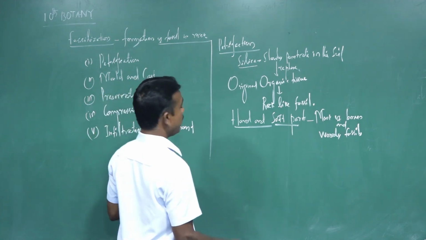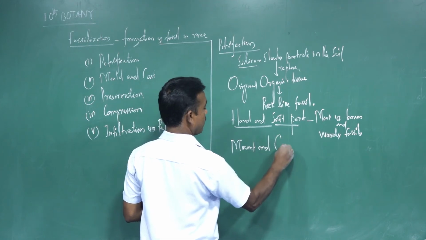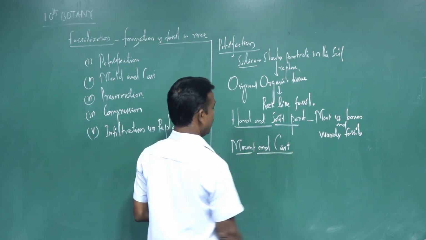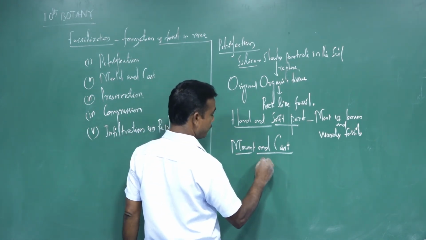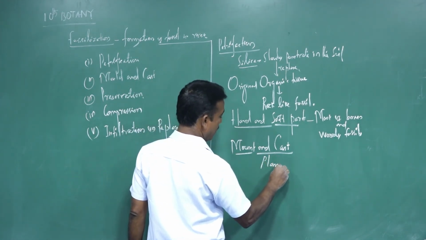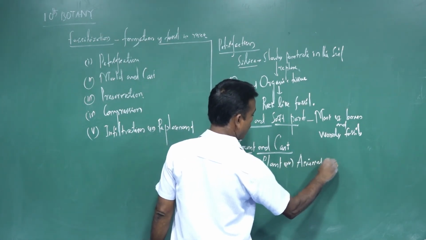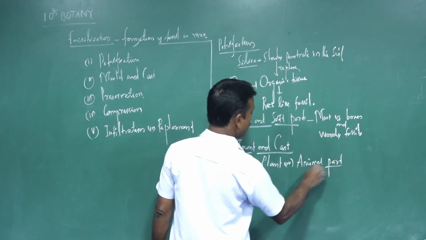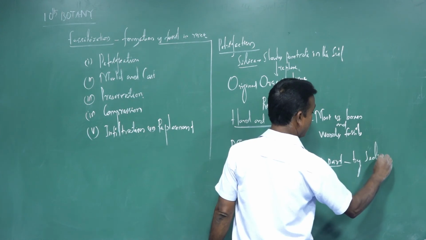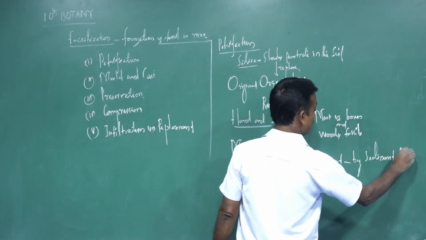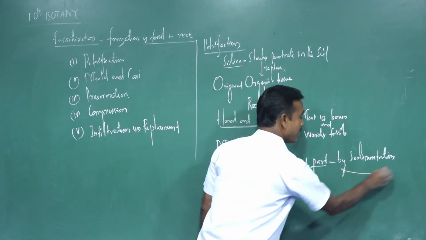The second thing is commonly called as mold and cast. So the replica of plant part and animal part which are preserved by sedimentation.